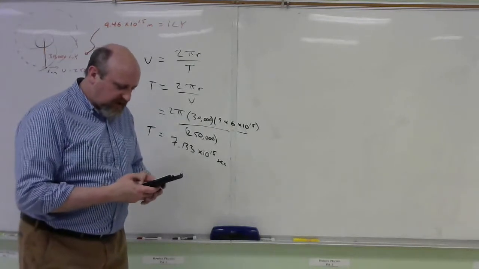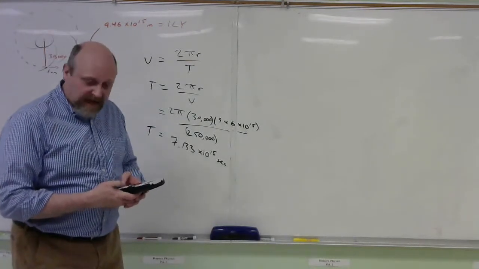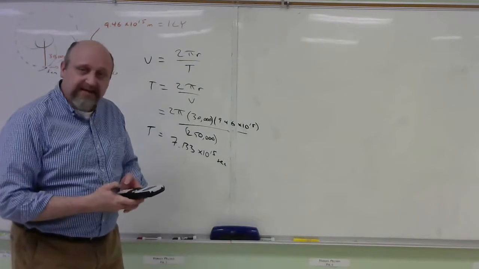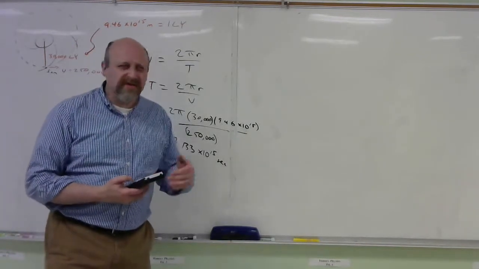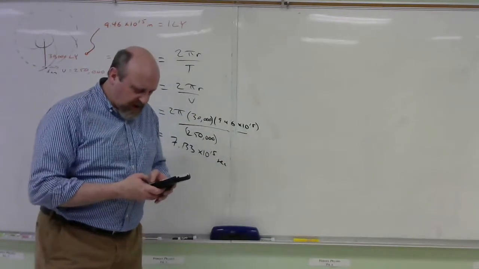Let's divide that by 60. So now it's minutes. Divided by 60 again, now it's hours. Divided by 24, now that's days. And I can divide by, do you like to use 365 days in a year or 365 and a quarter days? Let's just do 365.